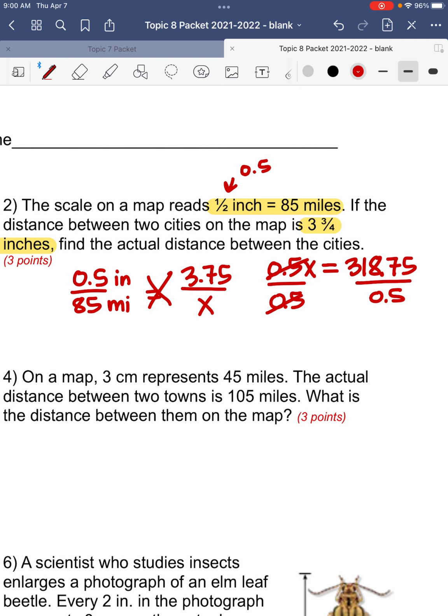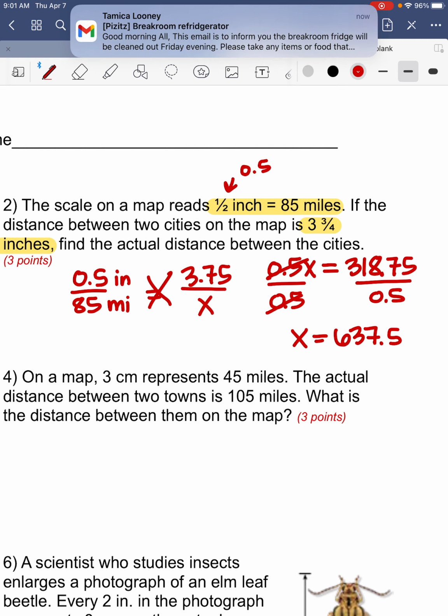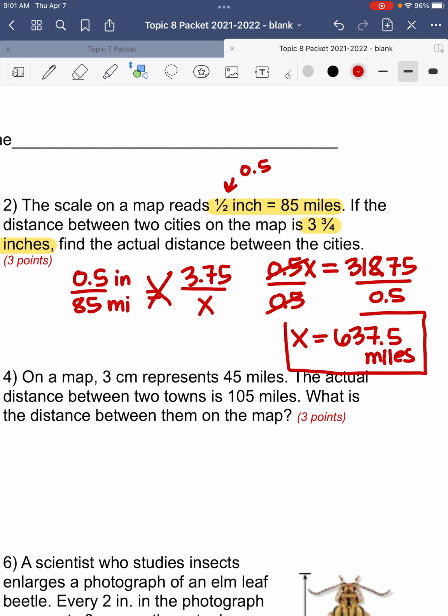So my 0.5s cancel out. X is indeed by itself. And 318.75 divided by 0.5, if you put that into your calculator, you get 637.5 miles. So that's how far apart those cities are in real life.